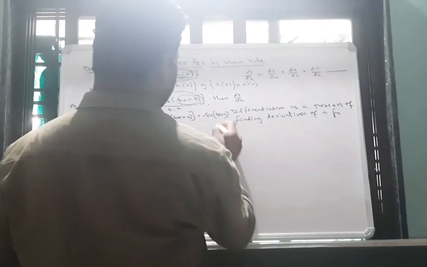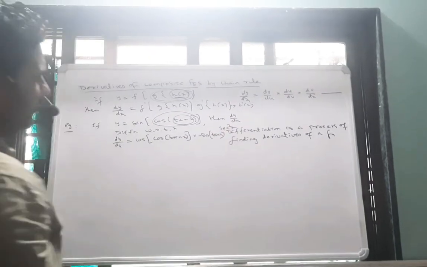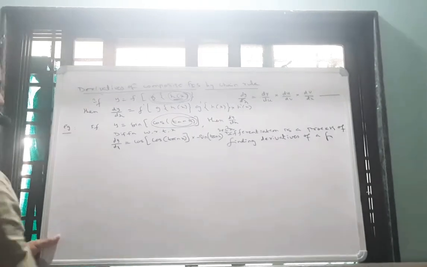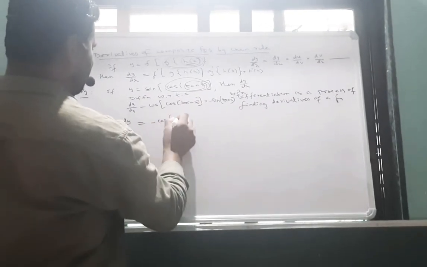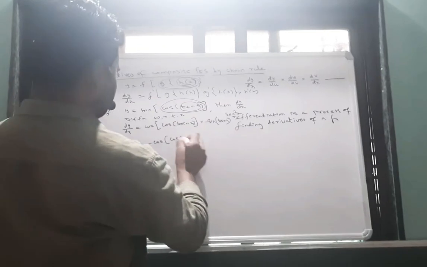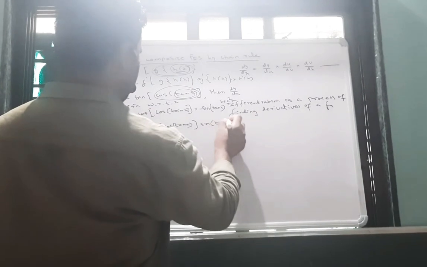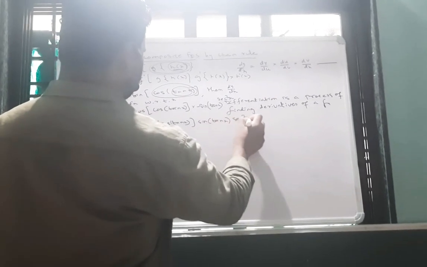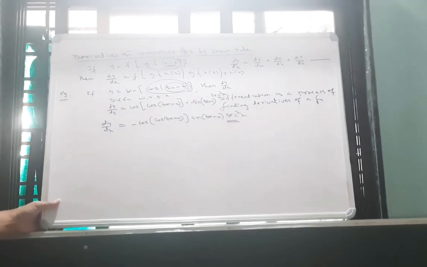The derivative of tan x is secant square x. So the answer is minus cos of tan x into sin of tan x into secant square x. This is the derivative of the function.